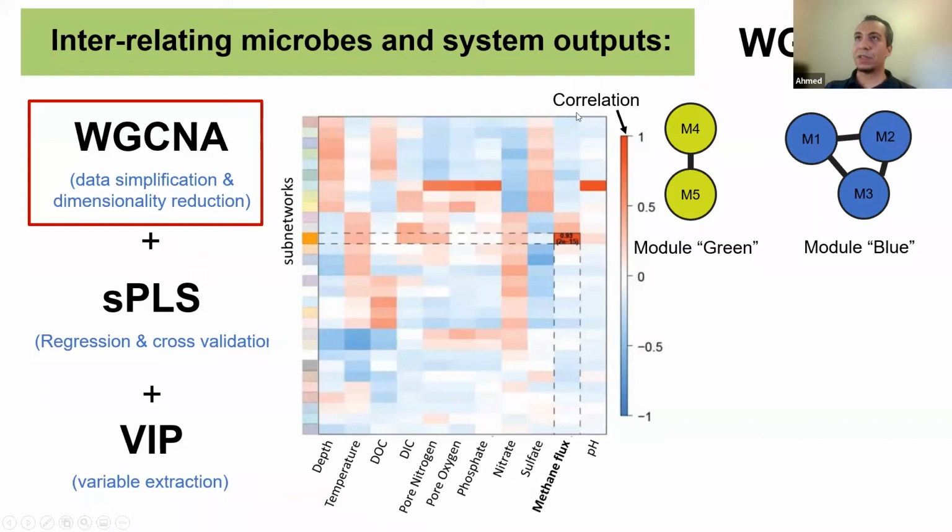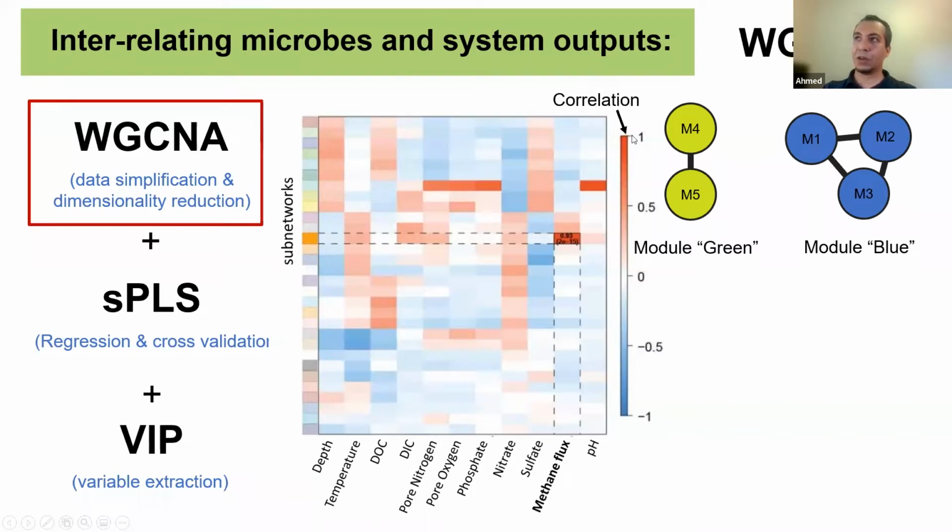So now, instead of looking at all of these different relationships and associations in your data set, you just focus on the things that matter, and dig into these specific modules to understand better why the taxa or the genes in these modules correlate with your environmental output.